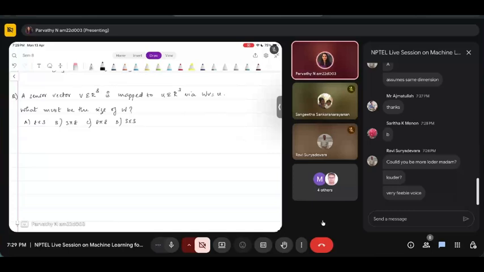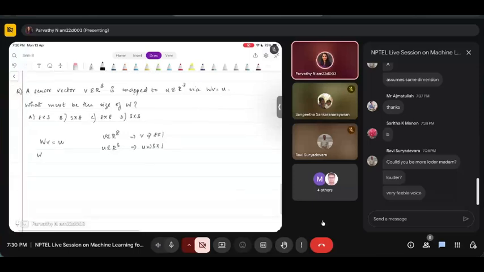So this is W. The transformation is WV is equal to U. It's given V belongs to R8 and U belongs to R3. That means the size of V is 8 by 1 and the size of U is 3 by 1.